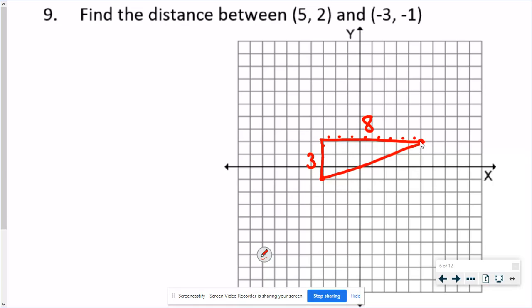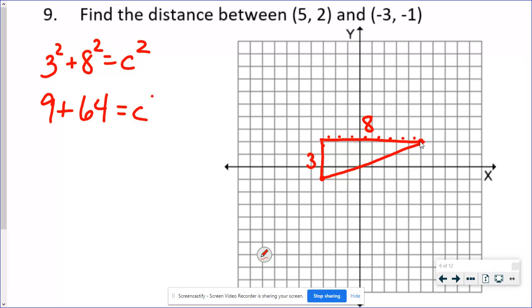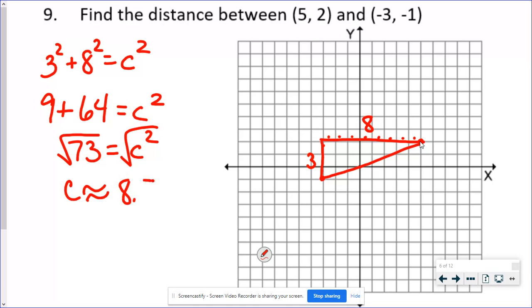So now that I've got those 2 measurements, I can use that to find the distance between those 2 points, which will be the hypotenuse. 3 squared plus 8 squared equals C squared. 9 plus 64 is going to be 73. And we'll take the square root. This is approximately 8.5 units.